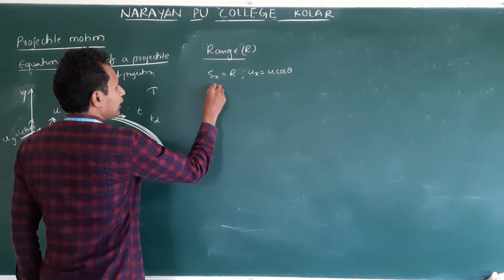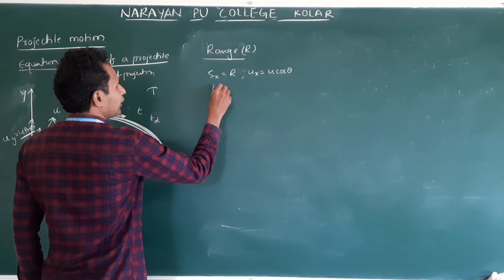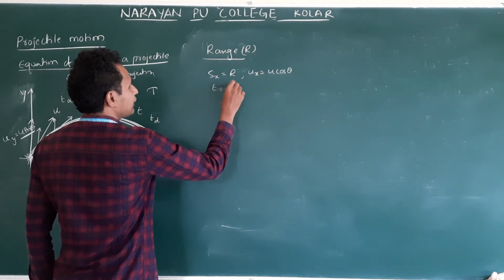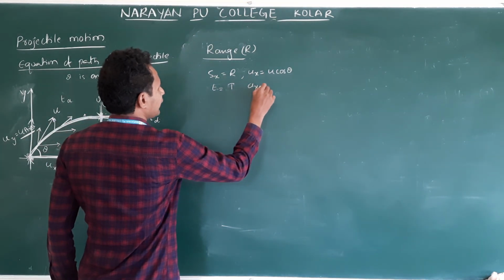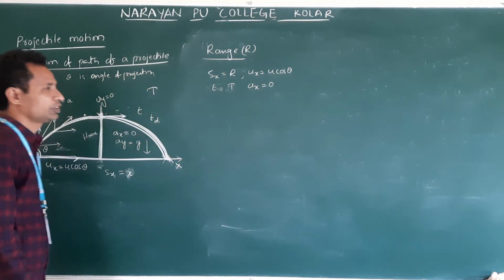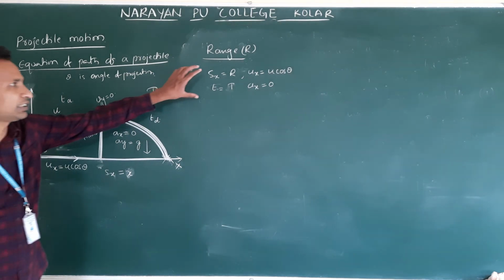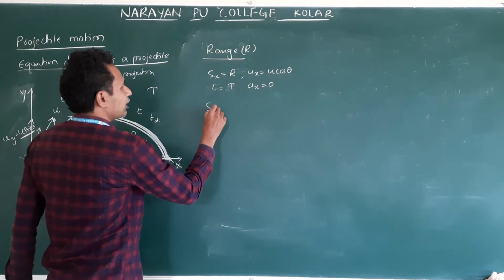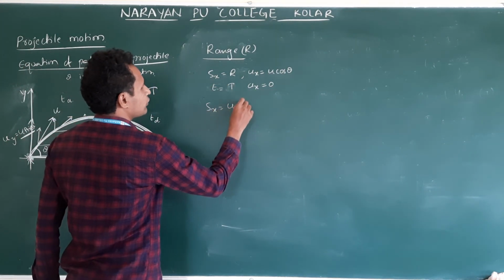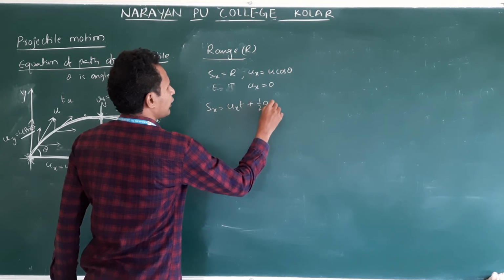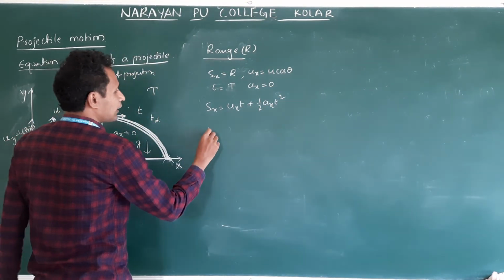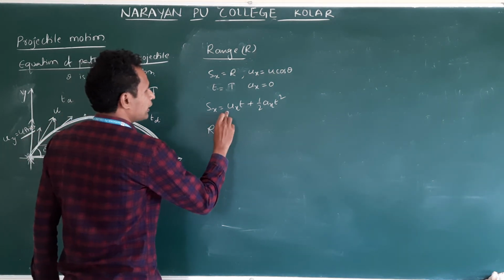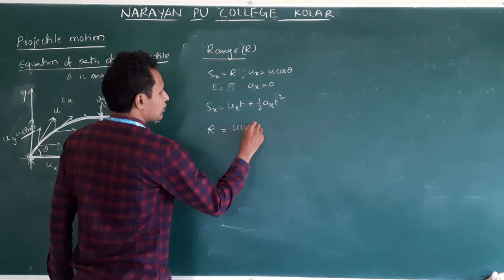Time to cover R, t, we are taking as capital T, time of flight. Acceleration along the x direction is 0. Which equation contains these four terms? That is Sx is equal to uxt plus half ax t square. What is Sx? Sx we are considering as R. What is ux? u cos theta.